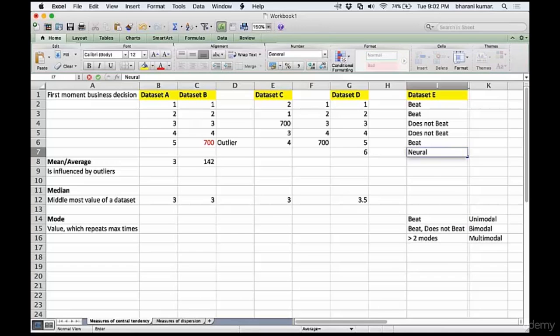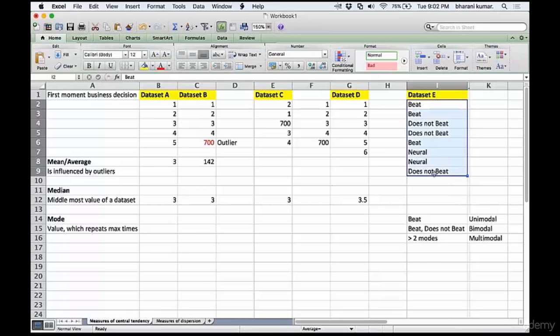One person is really scared, so he says neutral, I don't know whether my wife beats me or not. Another person follows the suit, and another person says no, my wife does not beat me. Given this kind of a data set, if you were to calculate the mode, you see that the value beat repeats itself 3 times, and does not beat also repeats itself 3 times.